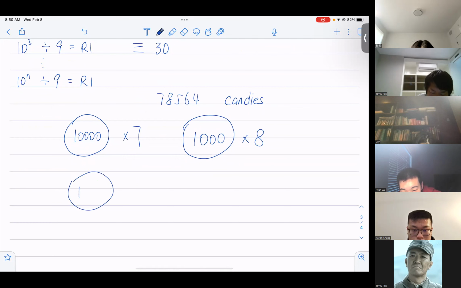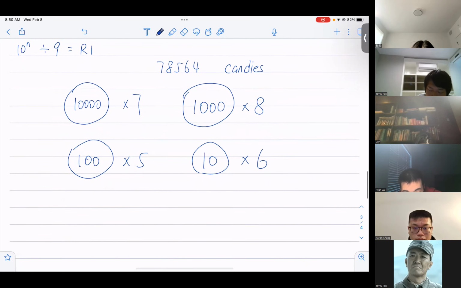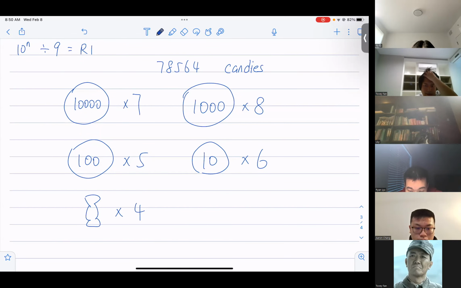We have 100 candies as a pile, and we have 5 piles. So you see, this is exactly the digit sum, right? We have 6 piles of 10 candies. And then lastly, we have just 4 individual candies. I'm going to just draw a candy here. How do I draw a candy? Okay, you have 4 individual candies.